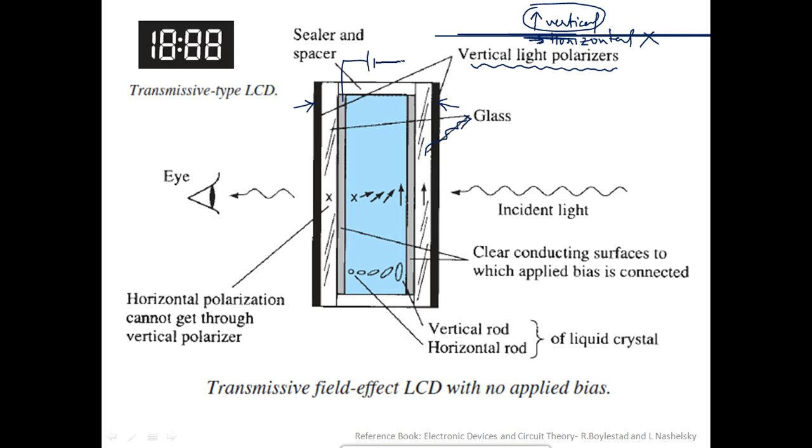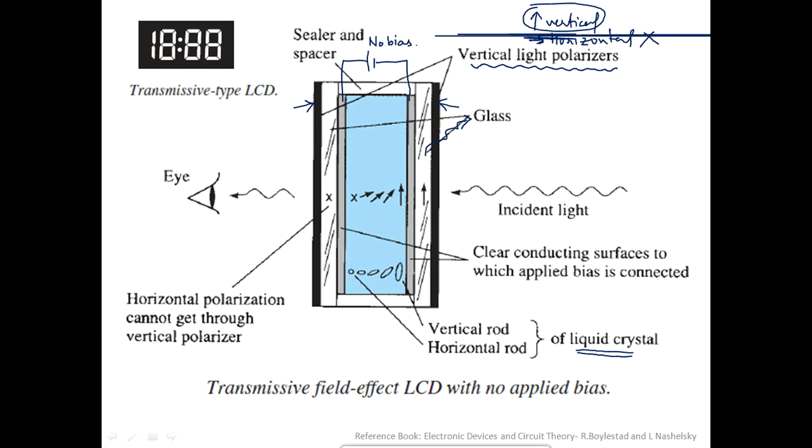As of now, let us assume that there is no bias. Now, how does this structure work? This blue colored region indicates the liquid crystal, similar to the one which we had discussed.